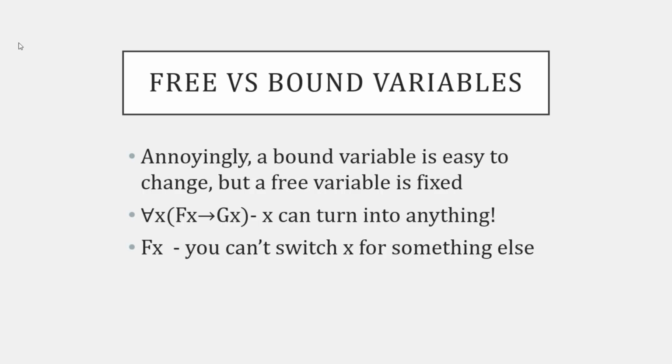For all x, if fx then gx, is saying exactly the same thing as for all y, if fy then gy. Next week I'm going to introduce a rule called alphabetic variance that lets you go from one to the other. So if you've got for all x, if fx then gx, you can just replace all instances of the variable with some other variable. And it means exactly the same thing. You're able to instantiate all the same things. That bound variable is in some sense very free.